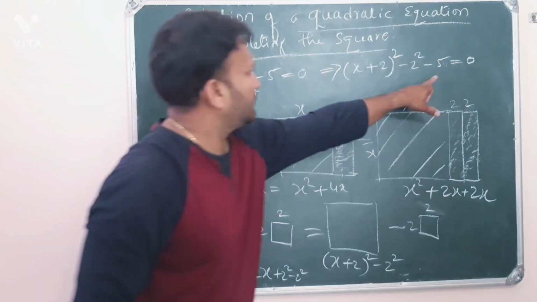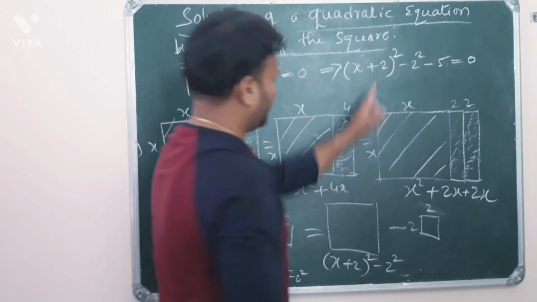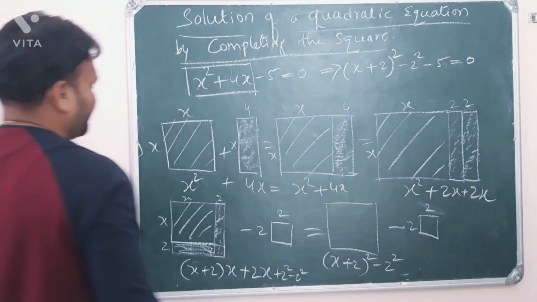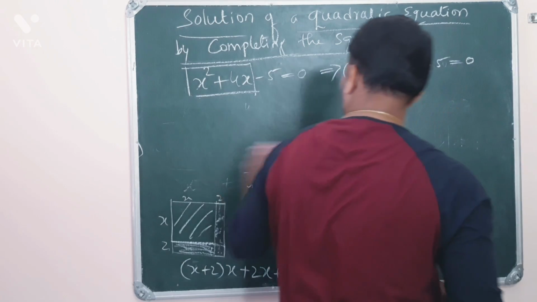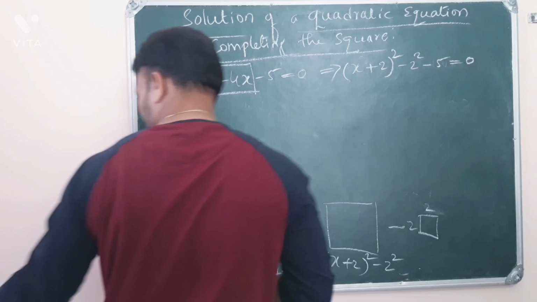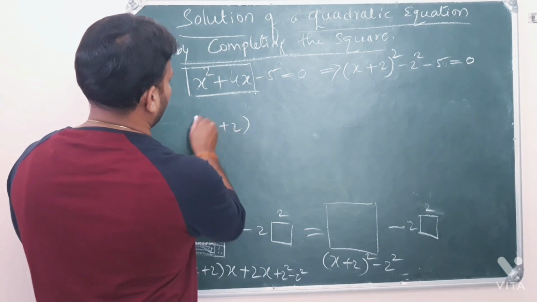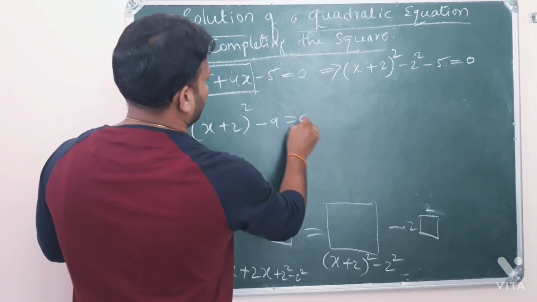X square plus 4x is this part by completing the square. Now (x plus 2) square, 4 minus 5 minus 9 is equal to 0.